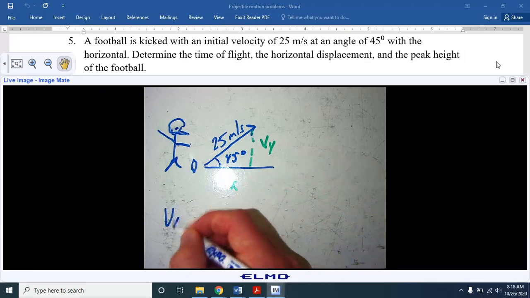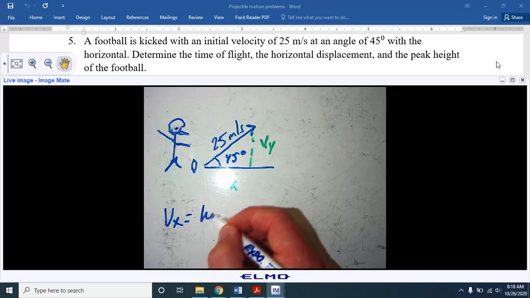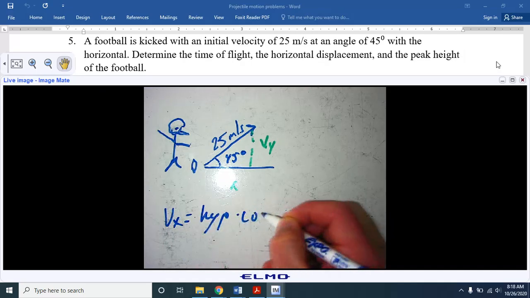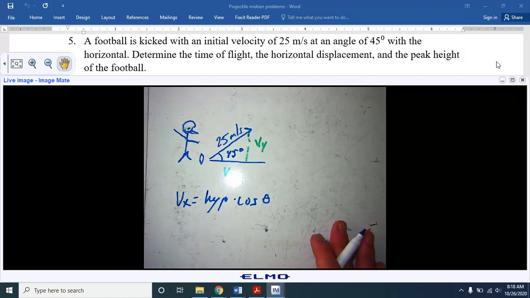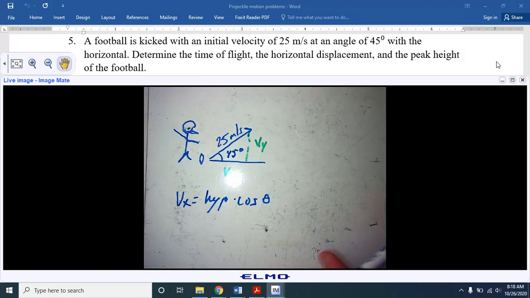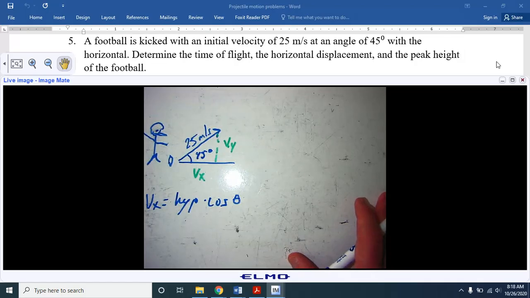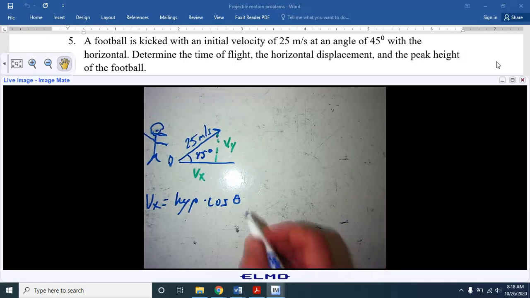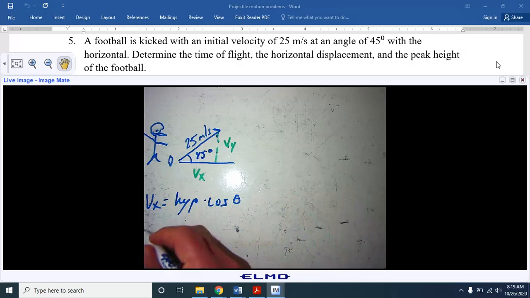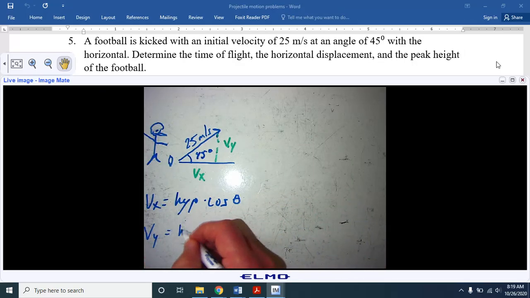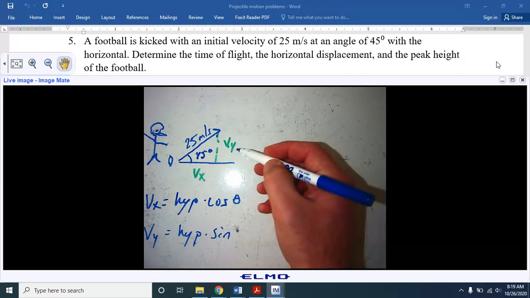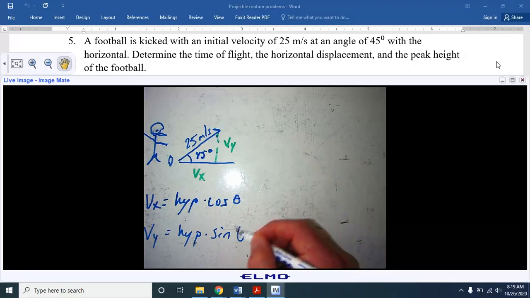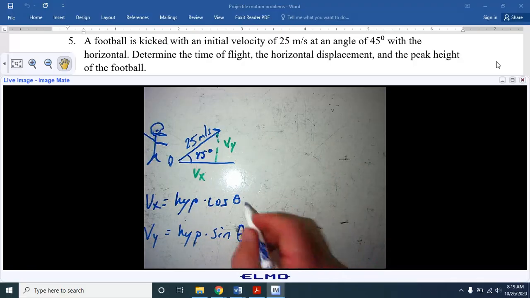We took the hypotenuse times the cosine of the angle, and then we were able to solve for it. We can do the same thing for Vy. We take the hypotenuse times sine this time, because this is the opposite of the angle.